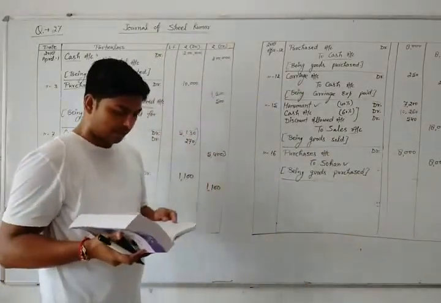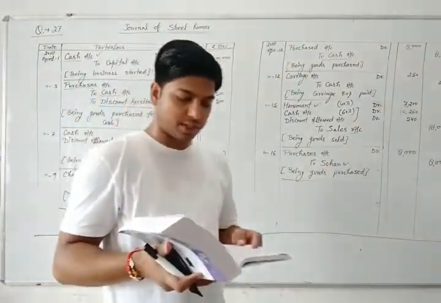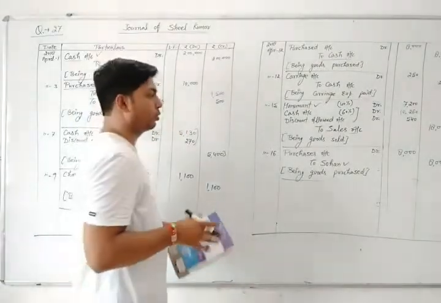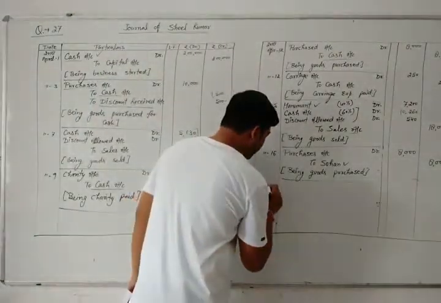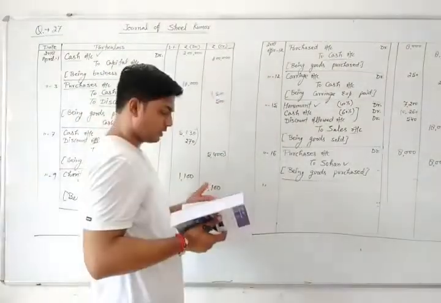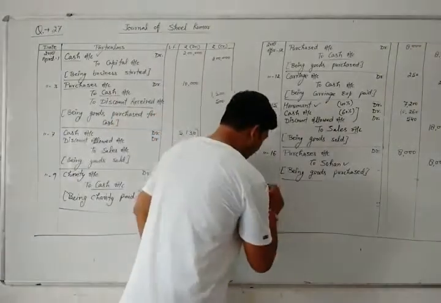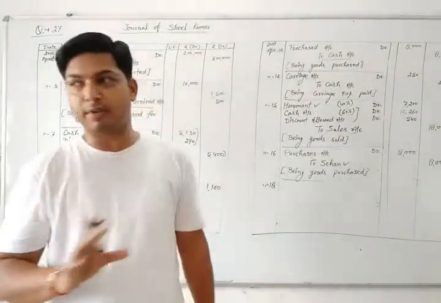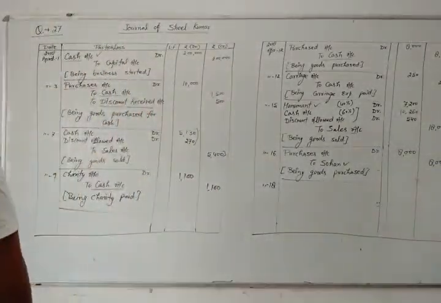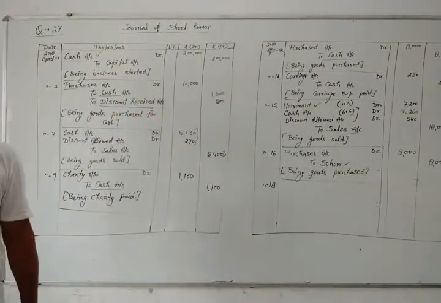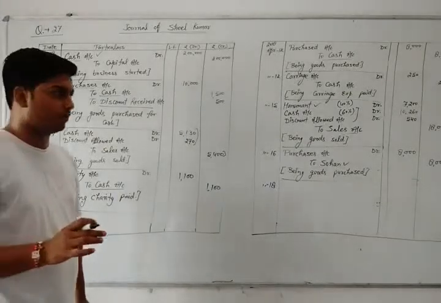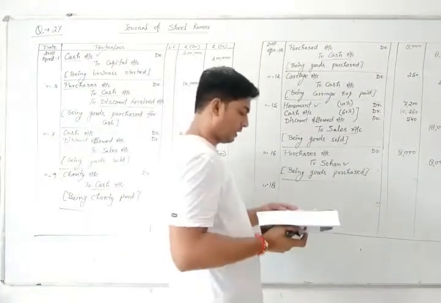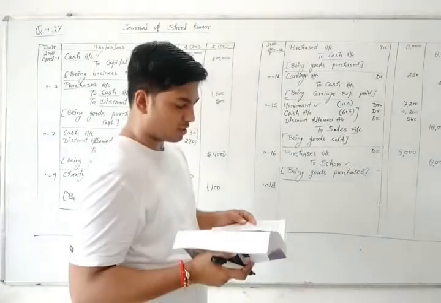Next, April 18, Mr. Manohar purchased goods from us. It means that we sold the goods. So we must be clear with the concept given in the journal entry, because the transaction may mislead you. As per the given entry, Mr. Manohar purchased goods from us.